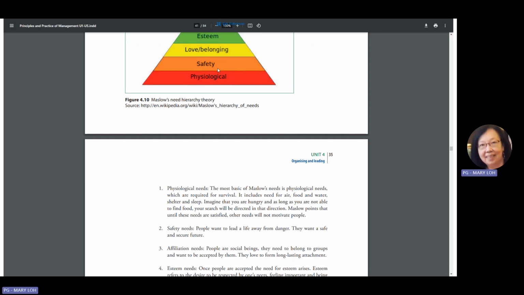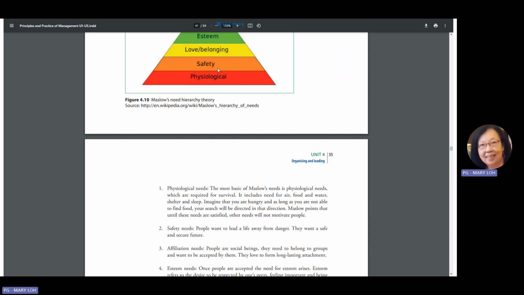So how do you make sure, as a manager, how do you apply this knowledge to motivate your staff? That's the reason why companies offer all kinds of benefits, for example, providing hospitalization, medical insurance.